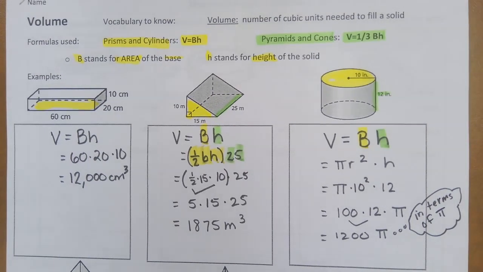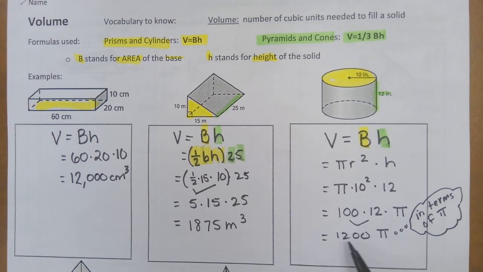And the reason we want to do that is because pi is irrational, and since it's irrational, it goes on forever. This way, if somebody has it in terms of pi, they can use however many decimal places they want, depending on what precision they need.